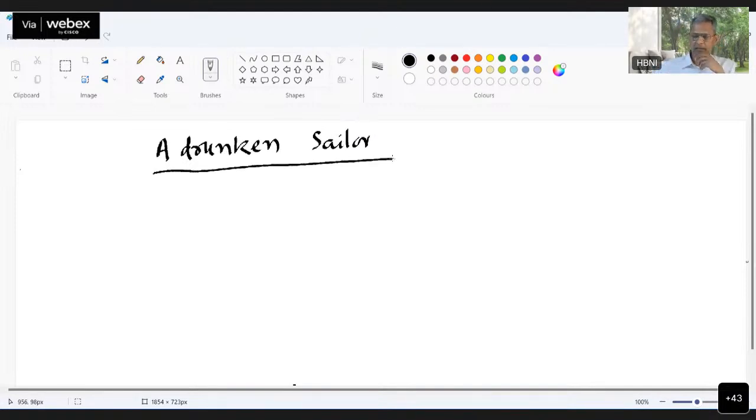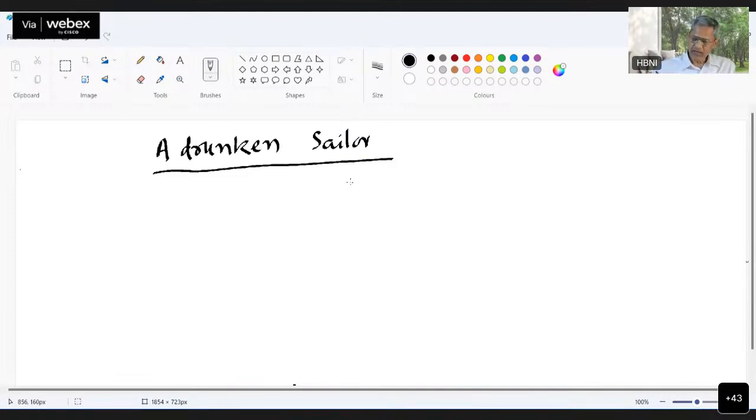A drunken sailor wants to go home, but he does not remember which way he is going. So each step he takes is in a completely random direction, because sometimes he goes left, sometimes right. He exactly doesn't know which direction he is going. So his motion is totally random.